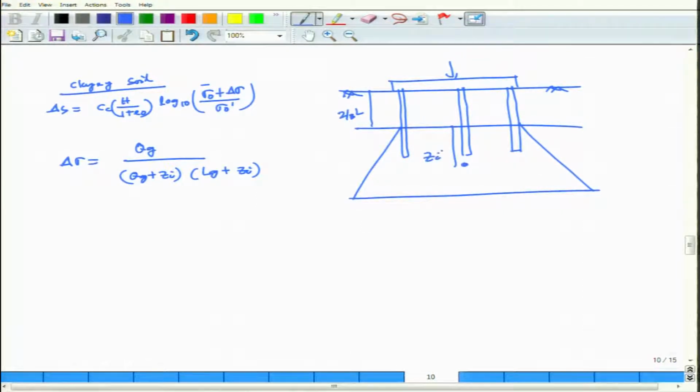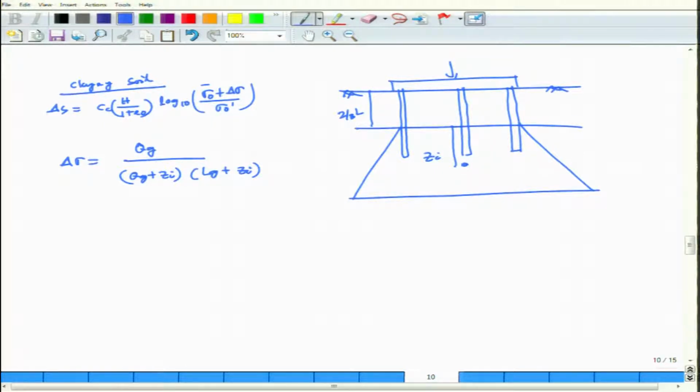So, it will be Bg plus Zi, Lg plus Zi. So, increase in stress you can find. This is how you are going to find settlement in a pile group.